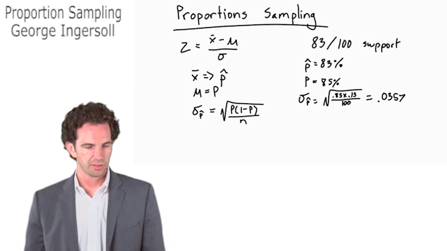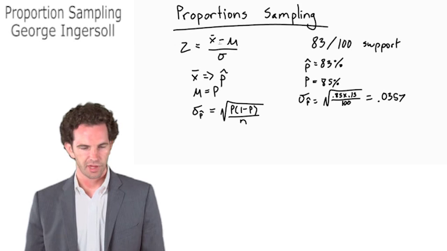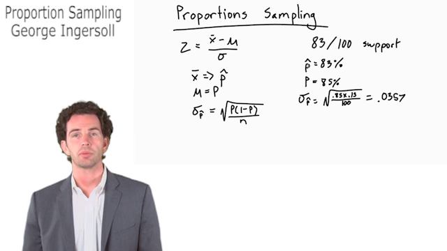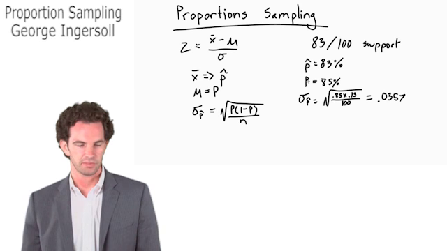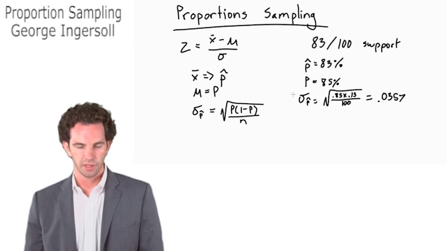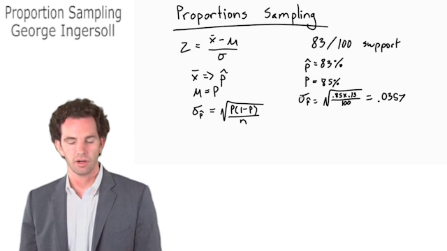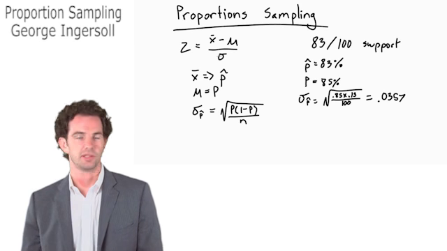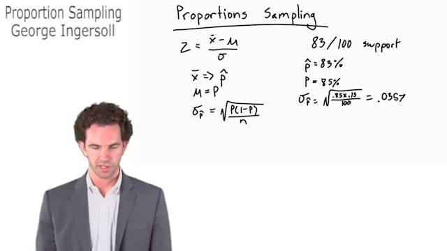And so now we just need to plug this all in. We're substituting in our sample proportion for X bar, P is substituting in for μ, and the standard deviation of our proportion is going to be subbed in for the standard deviation of our population.